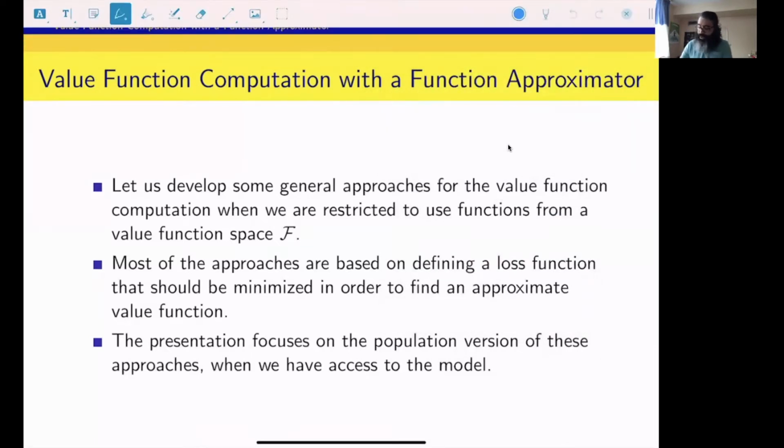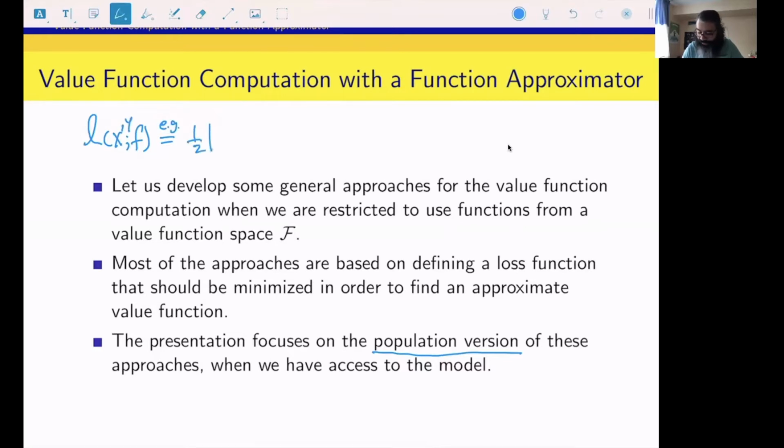So we talk about population versions of these approaches. In many cases, these approaches are defined based on some loss function. And as you probably know, population loss function is when we have the true distribution. Just to give you an example, say we have a loss function which depends on some x and some function, and maybe y here for the case of regression.